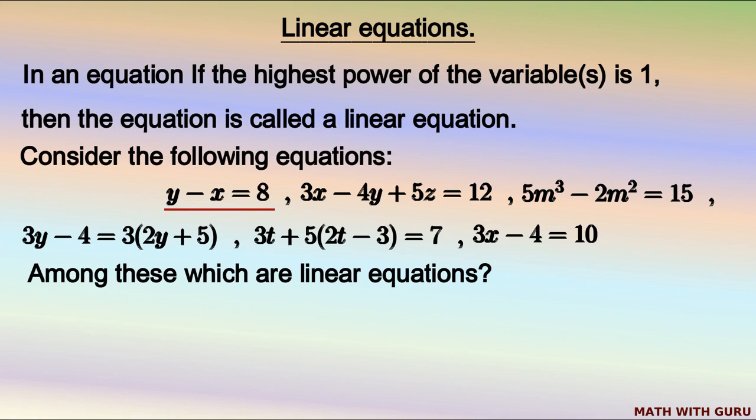Therefore, it is a linear equation. Here, there are 3 variables x, y and z. The highest power is 1. Therefore, this is also a linear equation. What about this one? Here, the highest power is 3. Therefore, this is not a linear equation.